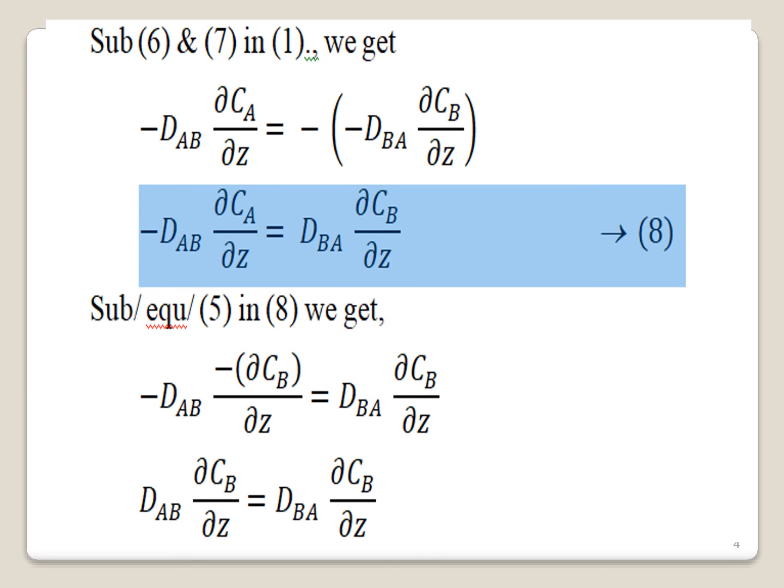Substitute equation 5 in the eighth expression. We get minus DAB into minus dou CB by dou Z is equal to DBA dou CB by dou Z. Minus into minus is positive, so DAB dou CB by dou Z is equal to DBA dou CB by dou Z. Both sides, dou CB by dou Z cancels.